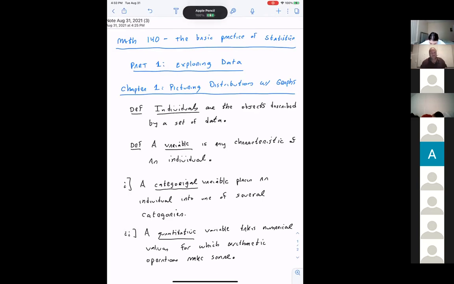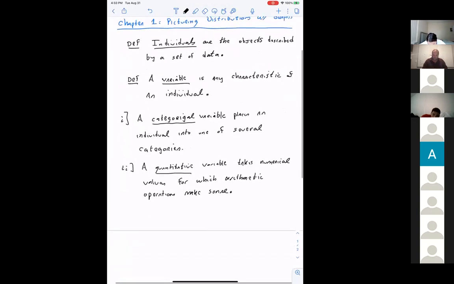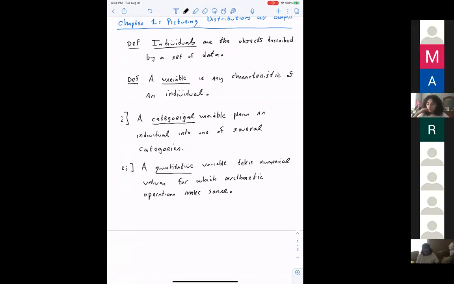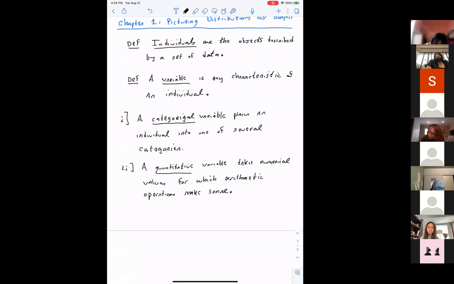And that qualification, for which arithmetic operations make sense, is very important because I can think of a very specific numerical value, or a number that you assign to an individual, that's not a quantitative variable. It's a category because arithmetic does not make sense.